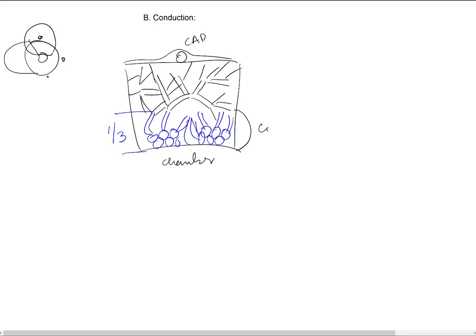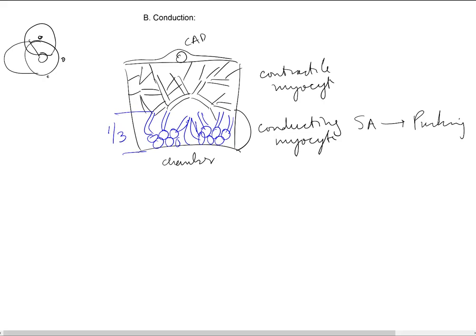These conducting myocytes start with the SA node and continue in an end-to-end fashion all the way through to the Purkinje cell. And at the Purkinje cell, they're now going to connect end-to-end with the contractile myocyte.